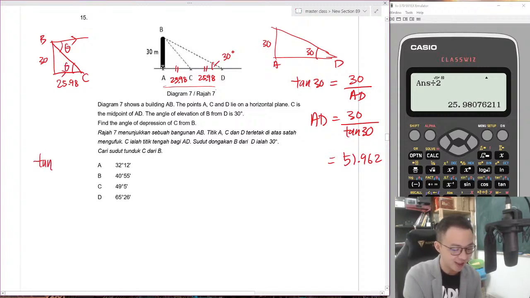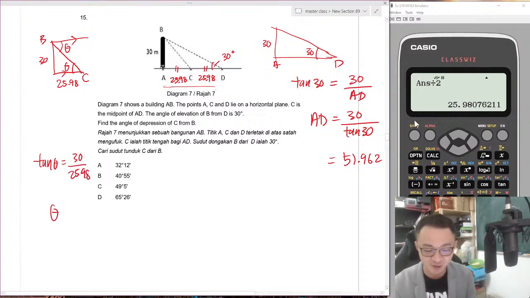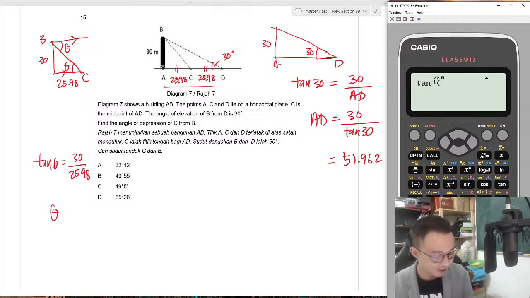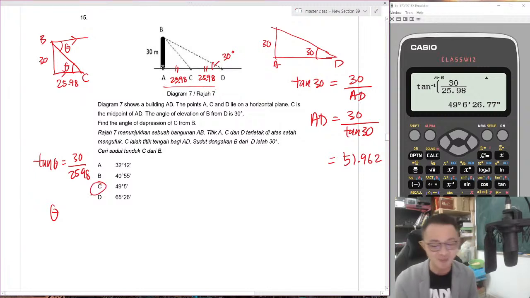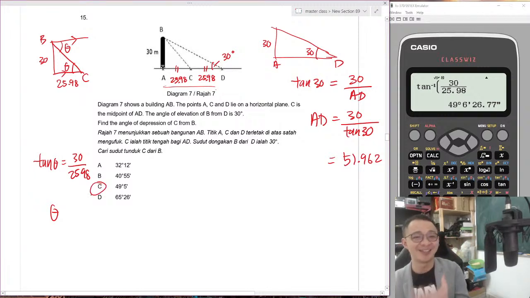Then tangent theta equals 30 over 25.98. Then I can find the angle easily by using the calculator. Inverse tangent 30 over 25.98. Then I want degrees and minutes, so I will just use this button. Alright, it will be 49 degrees and 6 minutes. I think 5 is the nearest one. I guess 6, maybe I took way too many decimals already.